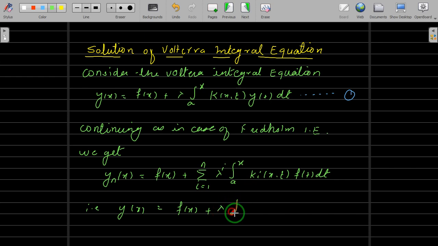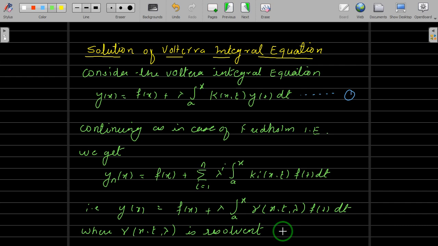So lambda you take outside, you interchange the integral and the summation, and that resolvent kernel you will get, gamma of x, t, lambda, f of t dt. Where this gamma of x, t, lambda is the resolvent kernel.